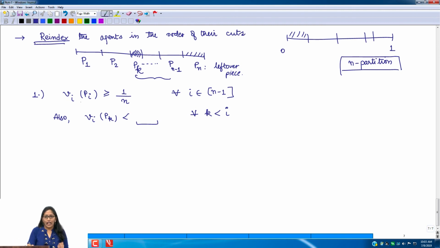Now I know that Vi of Pi is at least 1 by n. What do I know about Vi of the previous cuts already made? Exactly, it is less than 1 by n because they did not shout out, right? So for every k less than I, the ones coming before, we know they are less than 1 by n because they would have shouted out. They didn't, which means that this is true.